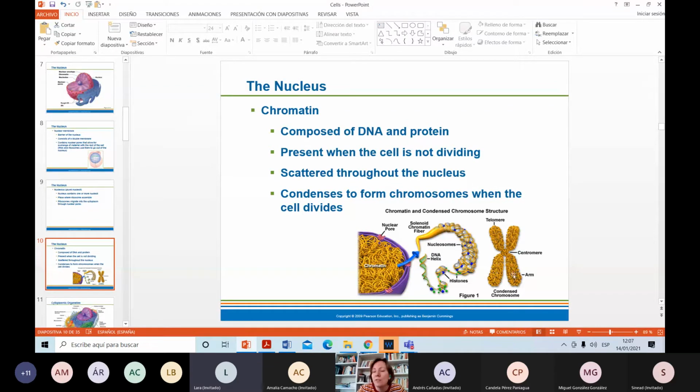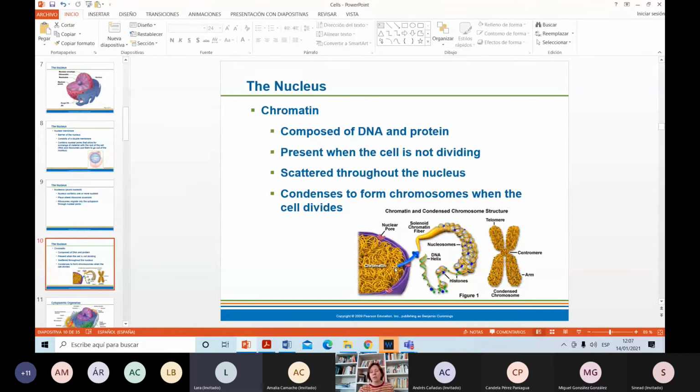So if you want to find cells with chromosomes, the best place to look is parts of the organism that were growing. For example, we usually do it with roots in plants. You take an onion and let the roots grow, and then you cut part of this root, and you're going to find that some cells were dividing, and then you see these chromosomes.